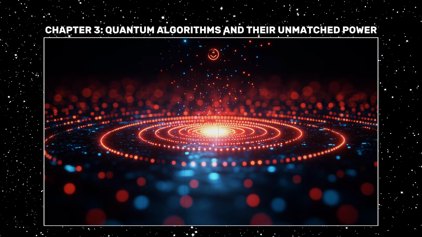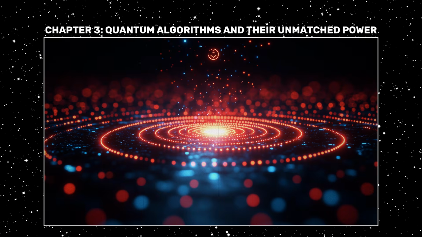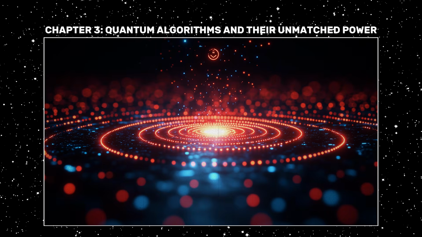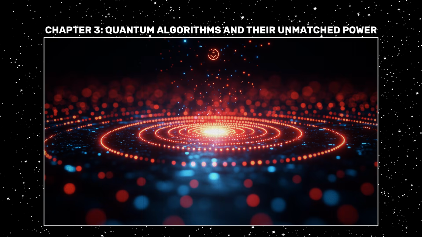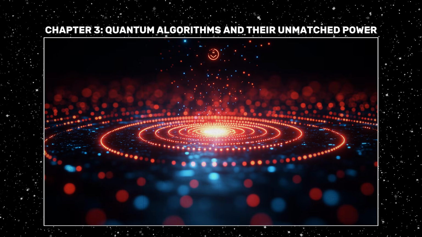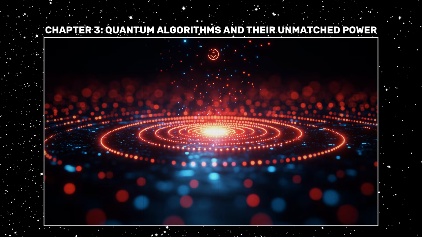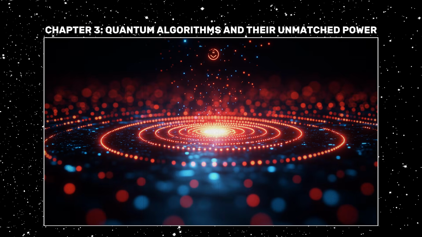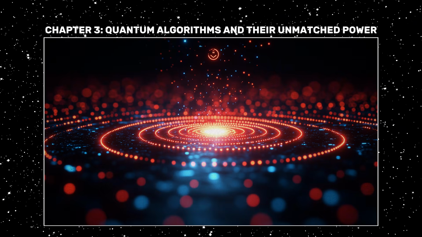Shor's algorithm stands as the most celebrated quantum algorithm, demonstrating that quantum computers can break widely used cryptographic schemes based on factoring large integers. The power of Shor's approach arises from its ability to convert an integer factorization task into a problem of finding the period of a modular exponentiation function.